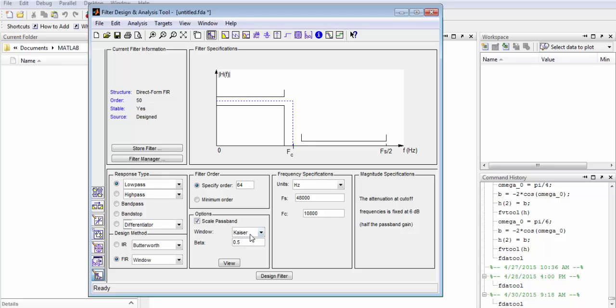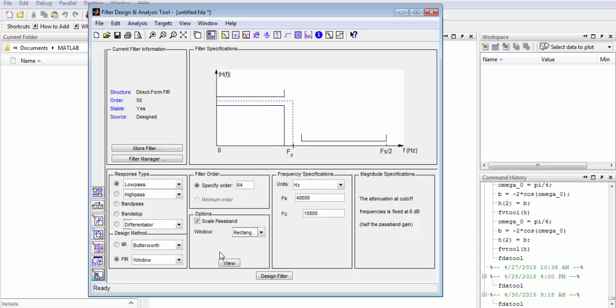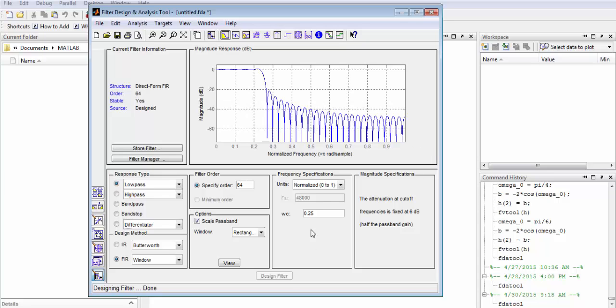And then there is another option, which is which window you want to use. Now we have not discussed different windows. We have only learned about this rectangular window. So we select that. Then we look at which frequency we want. Omega c, this is in multiples of pi. So we say omega c is 0.25, so pi by 4. I say design the filter.